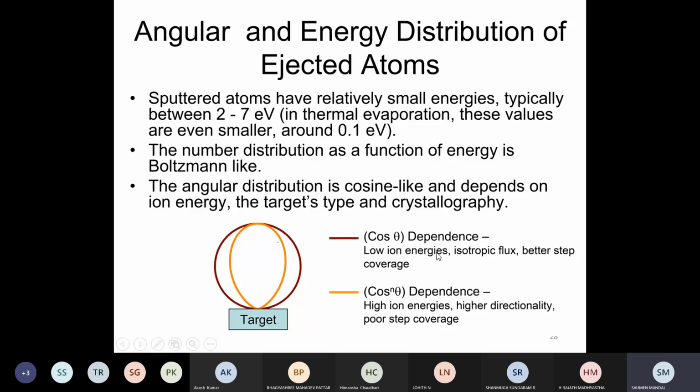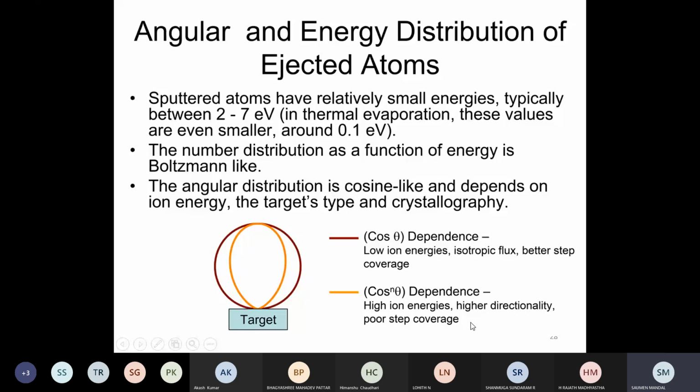So low ion energy gives isotropic flux and better step coverage. Better step coverage means, suppose there is a step, the step coverage will be better. But if it's cos to the power n, in that case it will be more directional, so high ion energy, higher directionality, and poor step coverage.